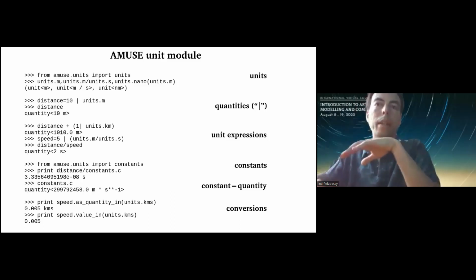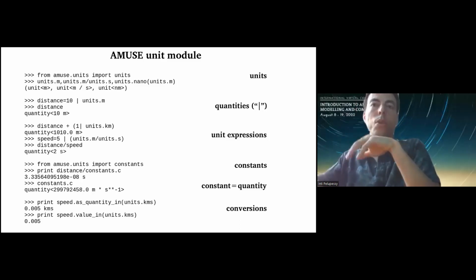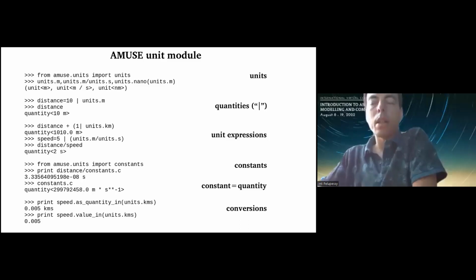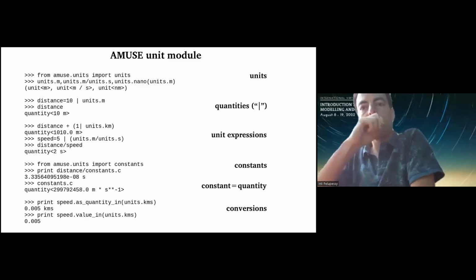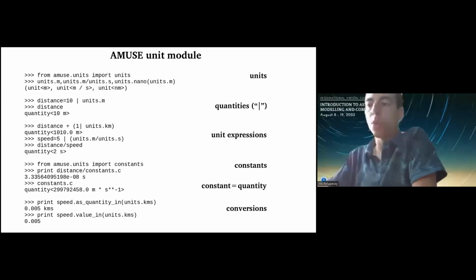So if you add a weight to a distance, that's a nonsensical operation, and it will give you an error. There are also constants defined, where you can easily use physical constants, and there's an extensive list in the module. And you can, of course, do unit conversions.